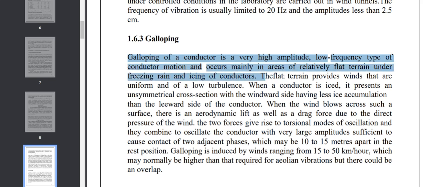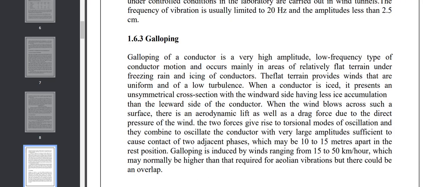Okay, so you can read about the galloping vibration, and you can read that galloping is induced by winds ranging from 15 to 50 kilometer per hour. They can ask the values of the range of galloping vibration, which may normally be higher than that required for Aeolian vibration.